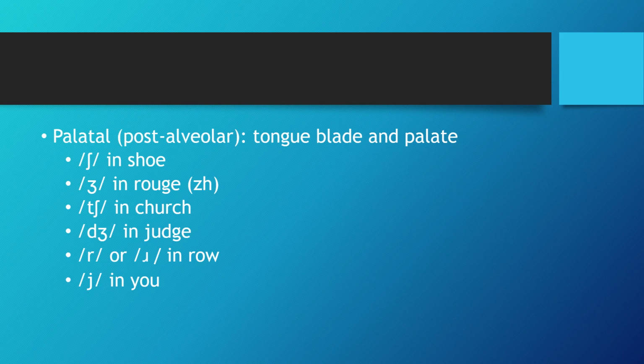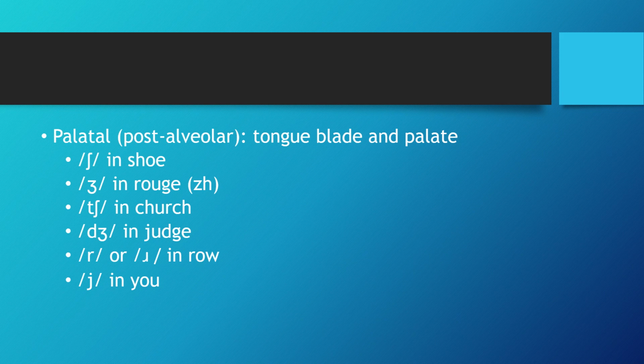Now, the reason you see two symbols for R is because you will see both in different contexts. Sometimes people make a distinction and use the upside down R to show the American R, because the symbol for the trilled R, like in Spanish, like rojo, sometimes the regular R is used for a trilled R, and so people sometimes will make a distinction and use the upside down R for that retroflex R in American English.